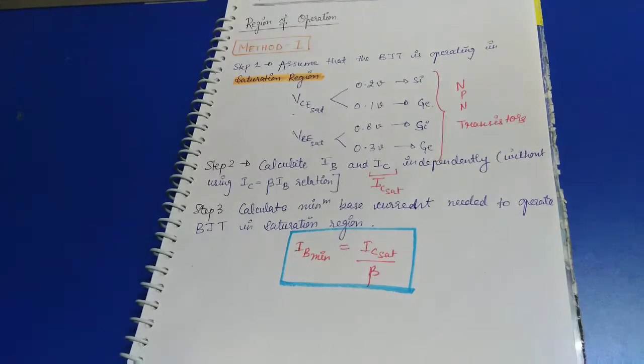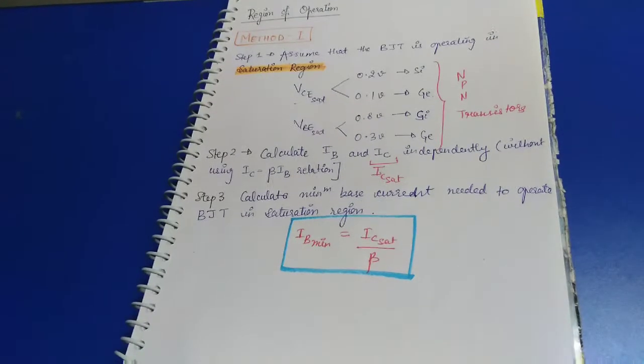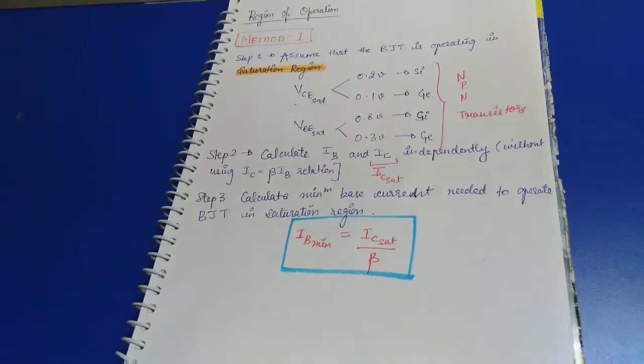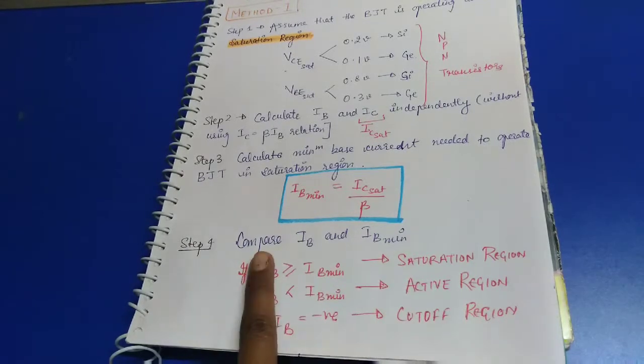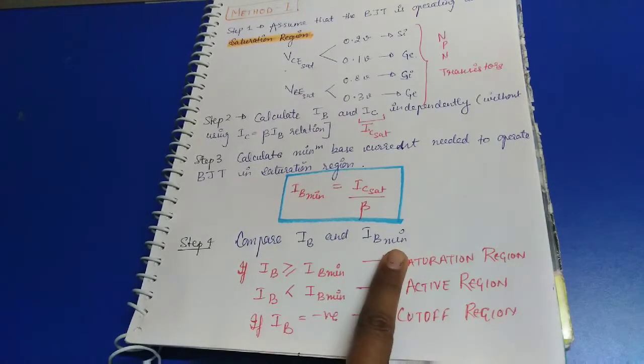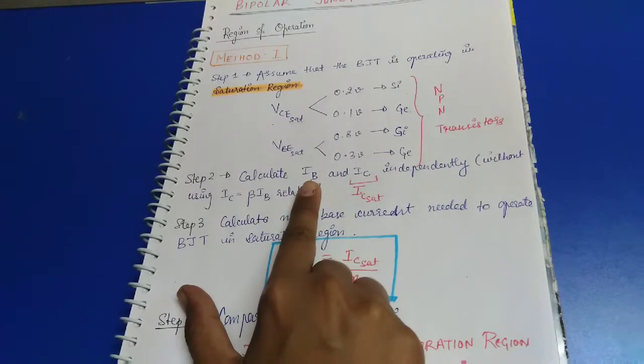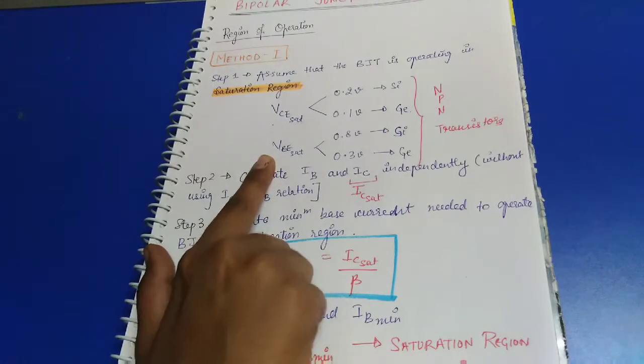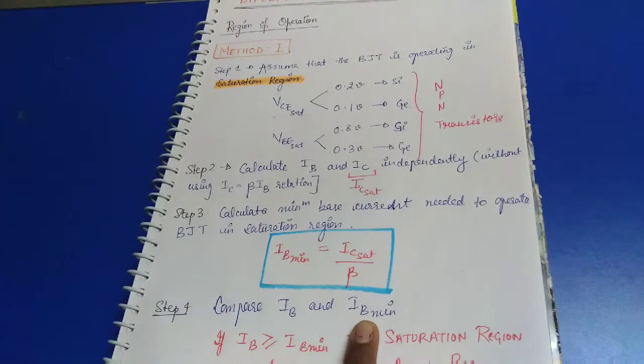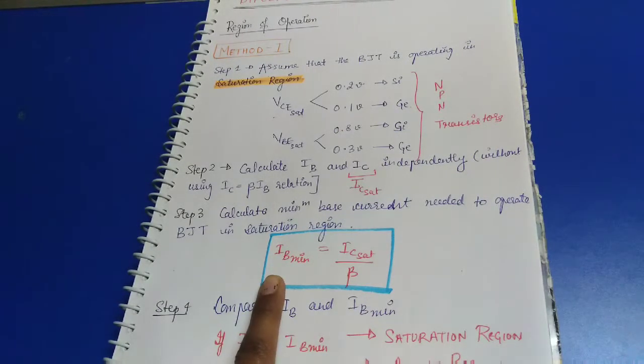So that's how we find IB minimum. The fourth and final step says compare IB and IB minimum. IB we calculated in the second step by using the values of VBE, and IB minimum we calculated using the formula IC saturation by beta.